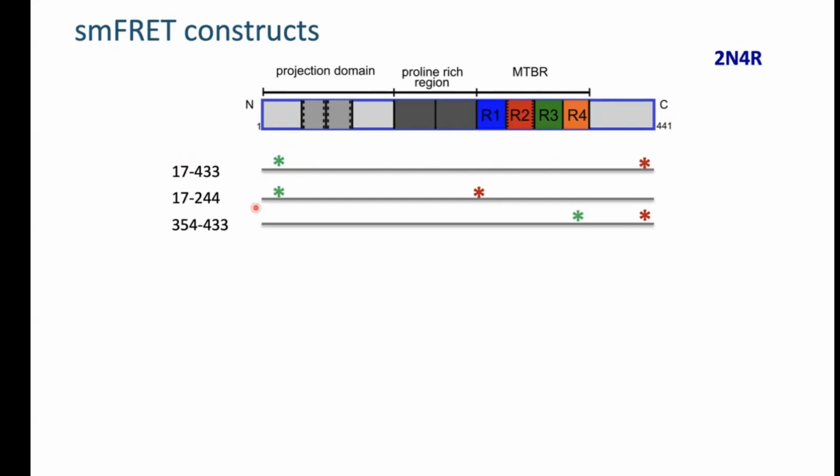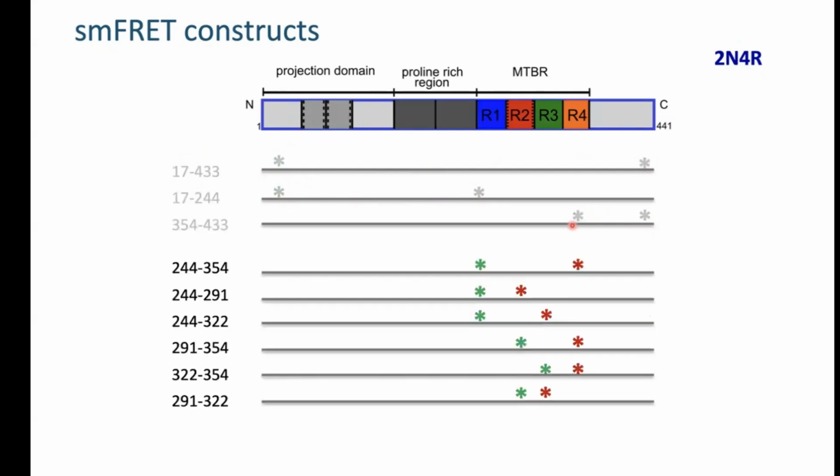I always start by designing constructs to probe almost all dimensions of the protein. For this case, I put labels at position 17 and also at 33. One is to look for long-range contacts between the N-terminus and the microtubule binding region, and the other between the C-terminus and the microtubule binding region. Then I probe the more functional domain of tau, the microtubule binding region.